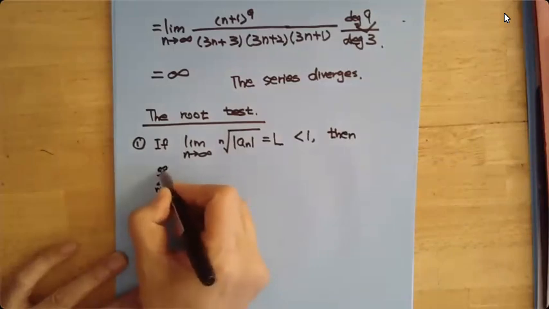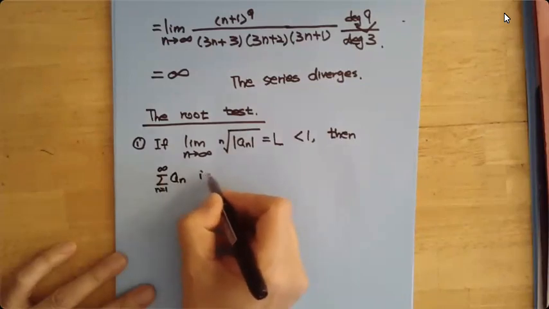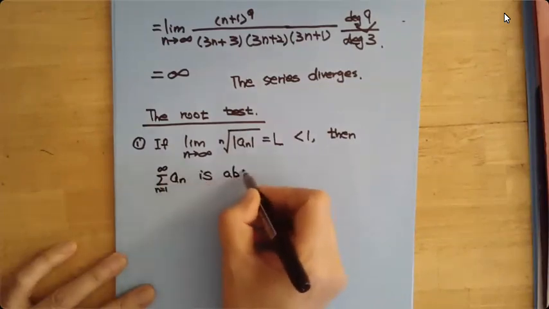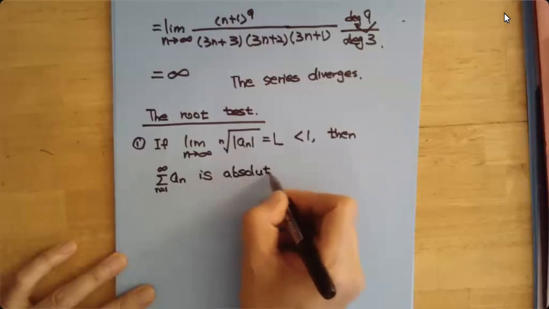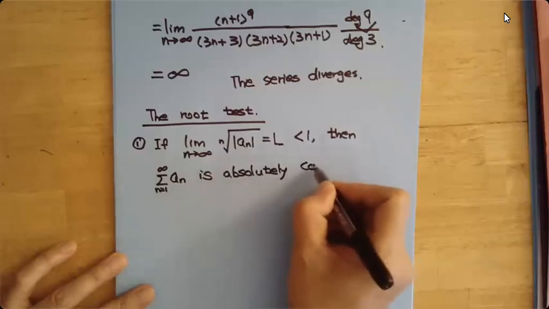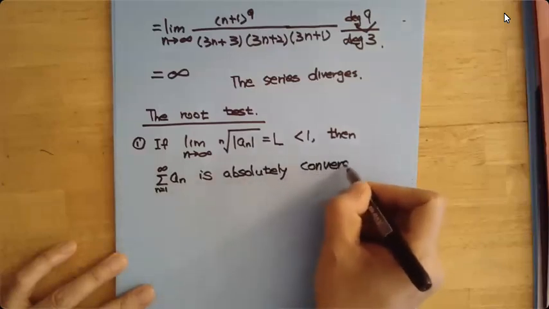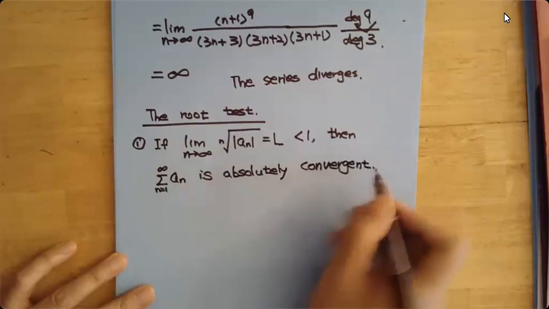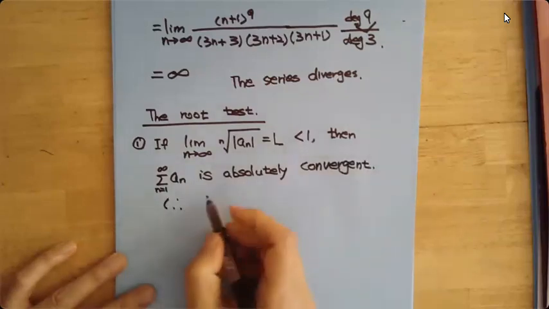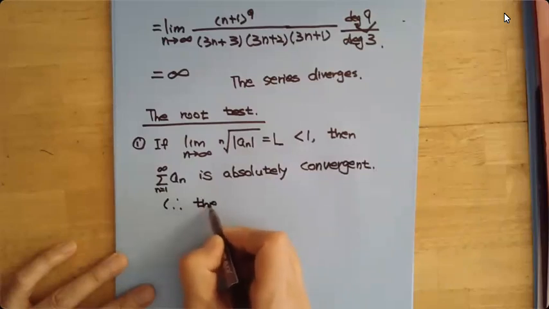So the summation n equals 1 to infinity of a_n is absolutely convergent. Absolute convergence implies the series converges.